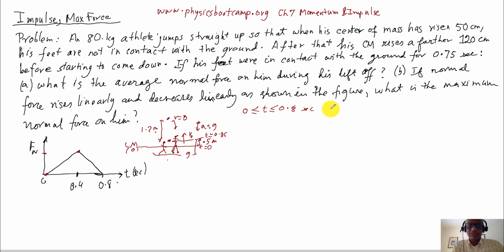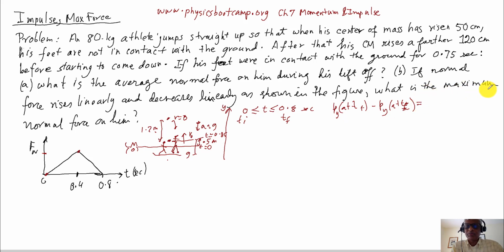So looking at the y direction, P at y at t final minus P of y at t equals t initial, that's the change in momentum.